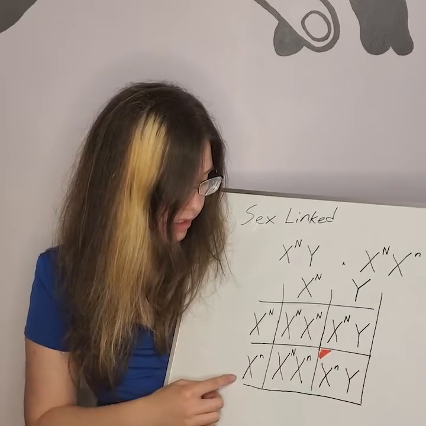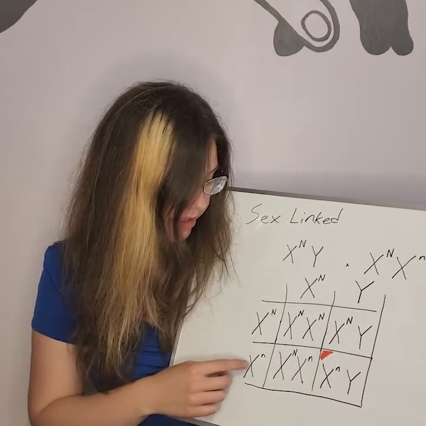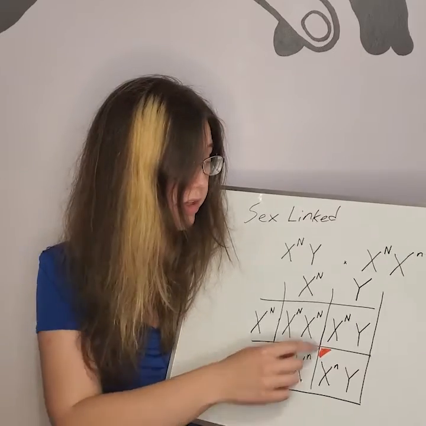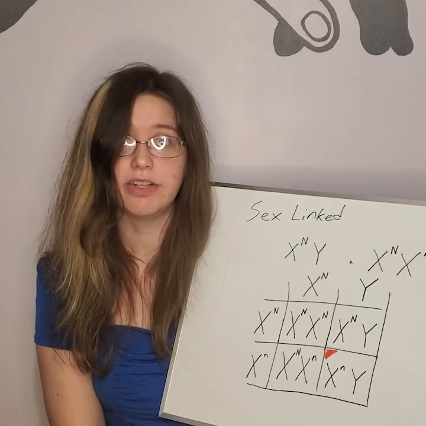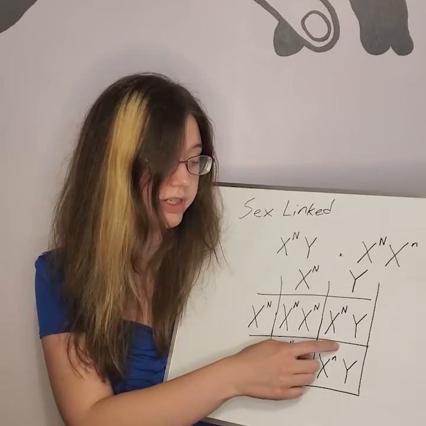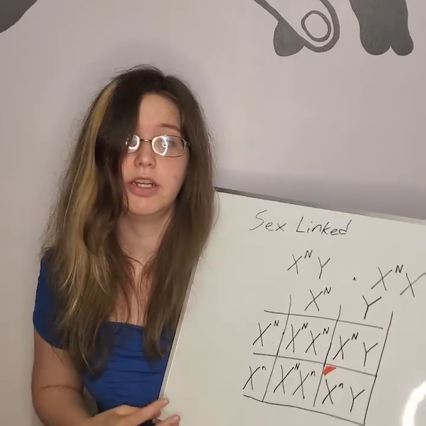And then over here, another male, but this one has the recessive allele. So this one only has the one allele and is recessive for color blindness. So this one is the one that's going to be affected. So because males only have the one copy, it's much more common to see males have a sex-linked disorder. Even though females can have sex-linked disorders, it happens at a much lower frequency.